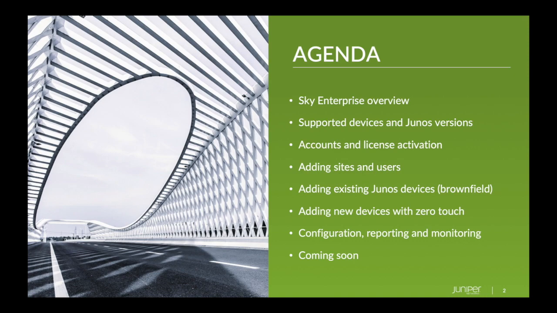We'll show you how you can bring on your existing Juniper devices, and we'll also show you how you can use zero-touch provisioning to quickly and easily configure new devices straight from the factory. And then we'll finish off by giving you an overview of some new features that we've just deployed and some that we are currently working on.